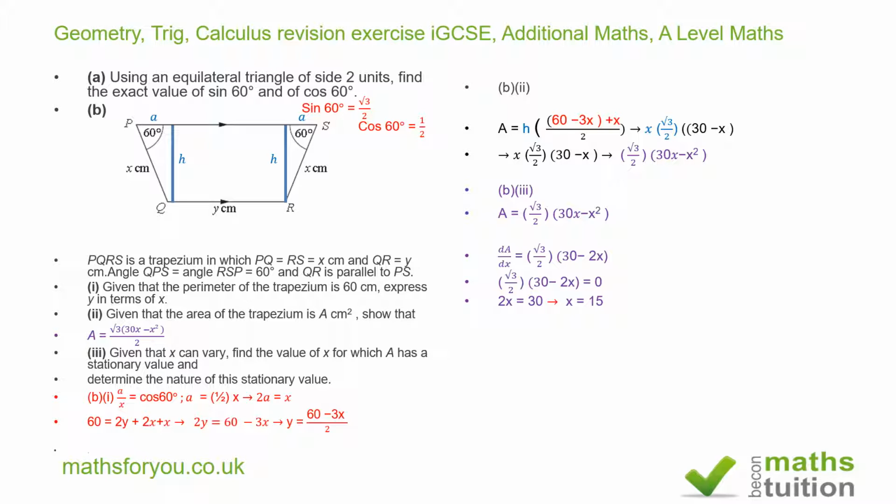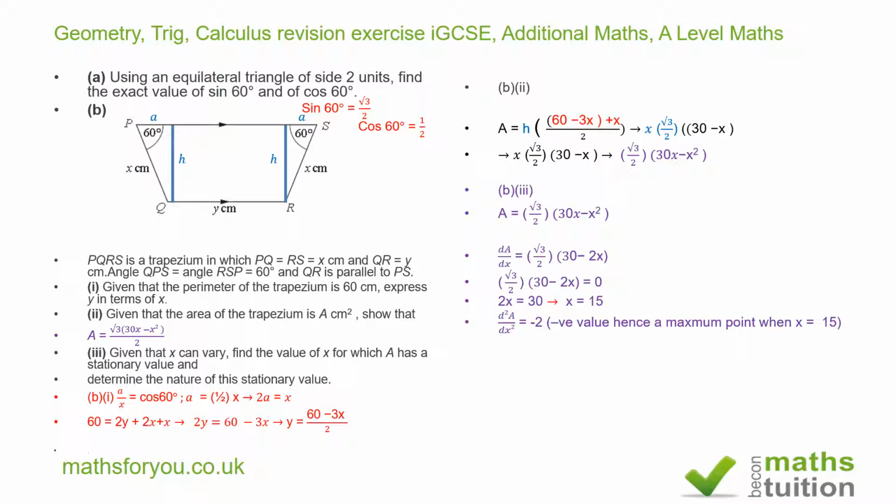Okay, now to find out whether x equal to 15 is the maximum or minimum point, I'm going to take a second derivative of A. So we now have that d2A divided by dx squared is equal to minus 2. And because we have minus 2 there, that suggests to us that the turning point is a maximum when x is 15.